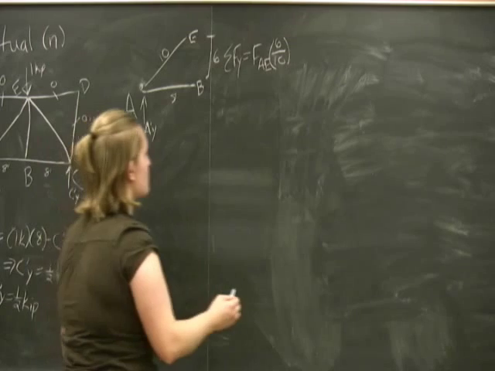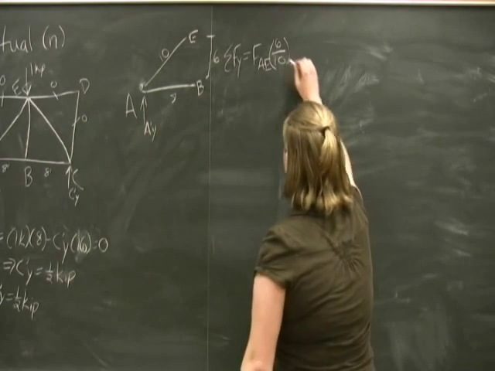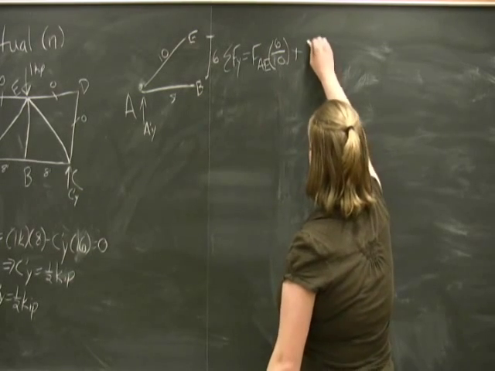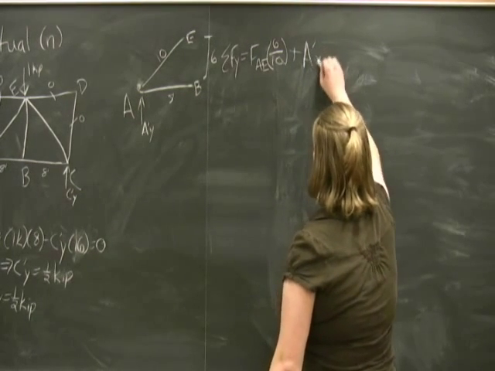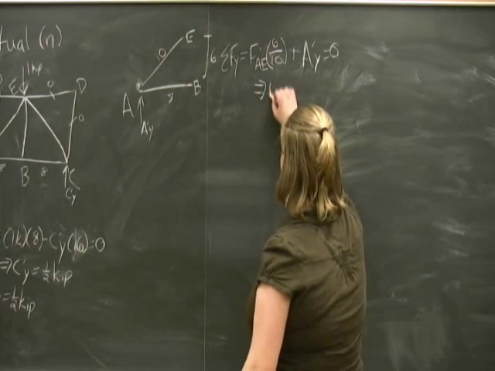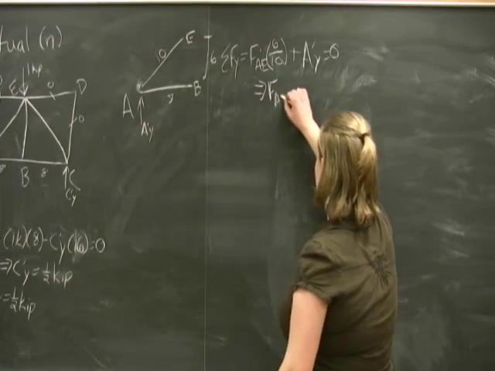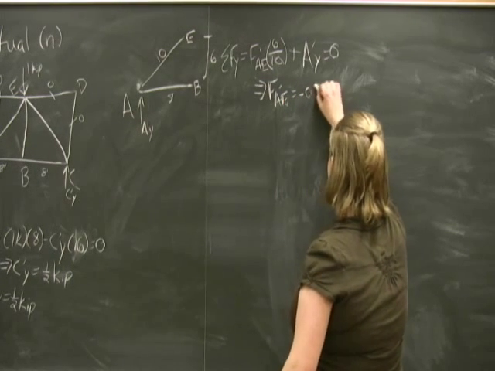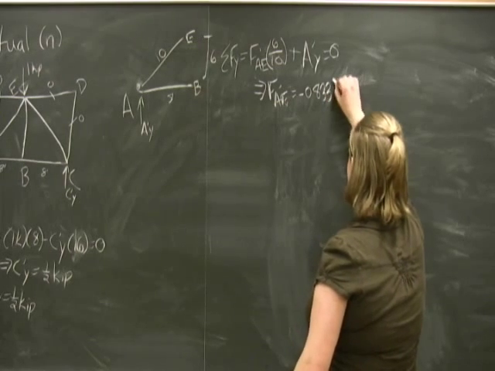Here's 8. And then we add the vertical A'y, equals 0. So this gives us the force at AE to equal negative 0.833 kips.